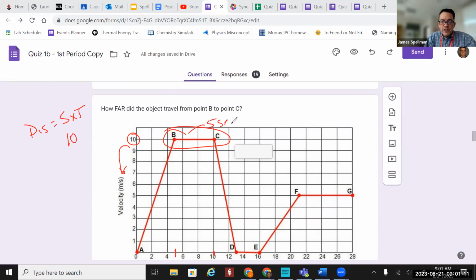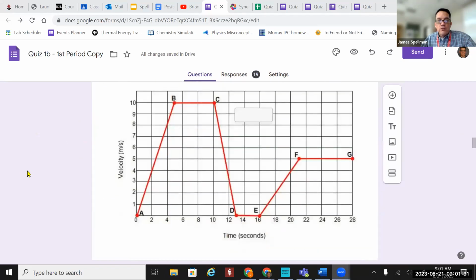So this was a 5-second interval of time passing. So it's going to be 10 times 5. And the answer on that one should have been 50. So again, if you're asked to calculate the amount of distance that's traveled on a graph, we're going to have to use a formula for distance, which is speed times time, and then interpret the graph accordingly.